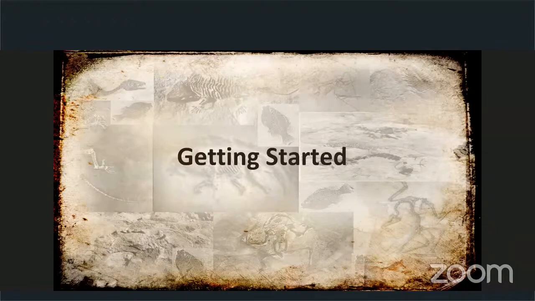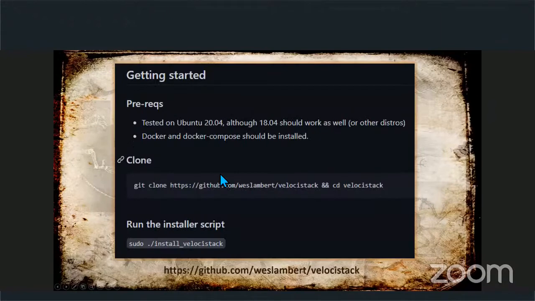All right, so getting started. How do we get started with Velocistack? Well, I mentioned before, I wanted it to be really simple. Now, granted, there may still be bugs, however, I wanted it to be very simple to just clone the repo and run an installer script. So that's really all you have to do now. And after this presentation, I will set this repo to public.